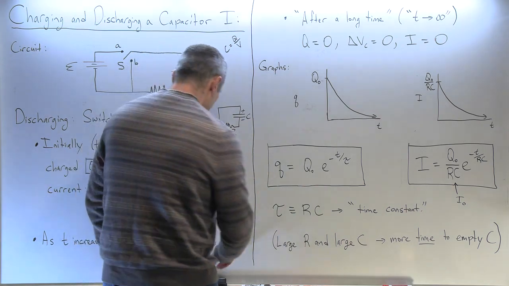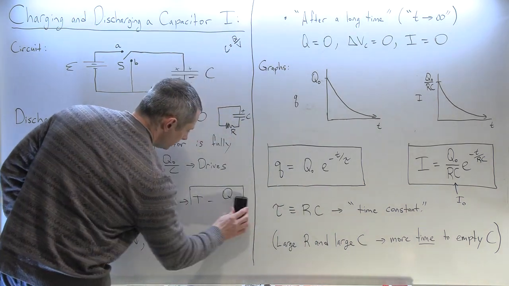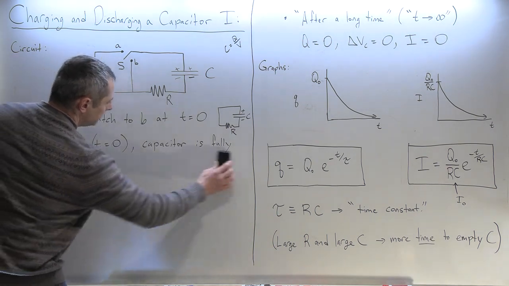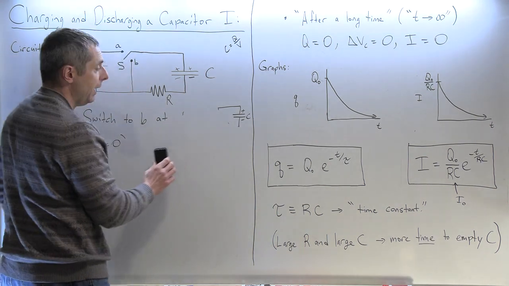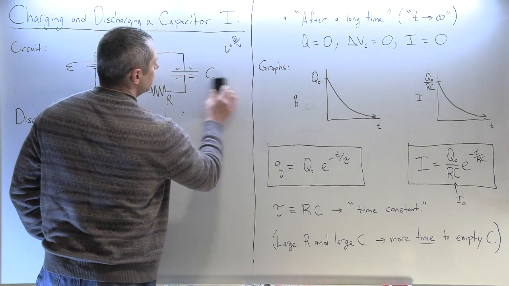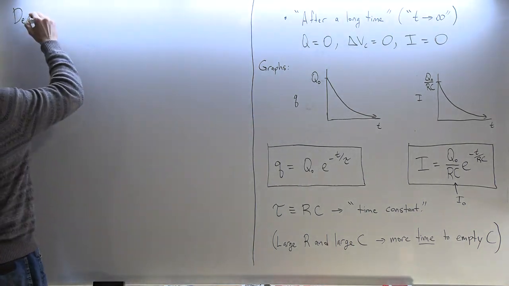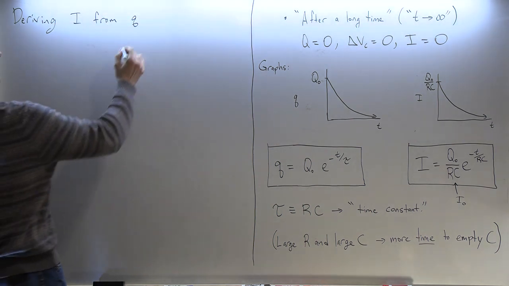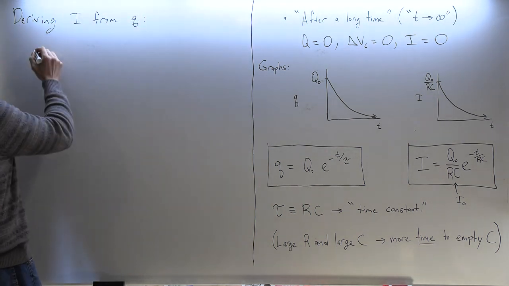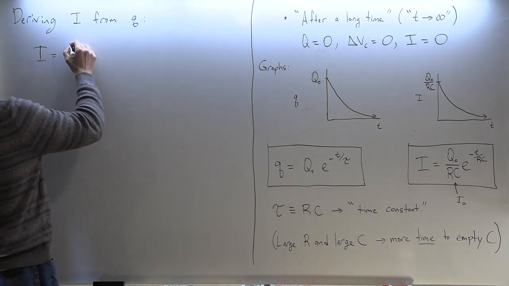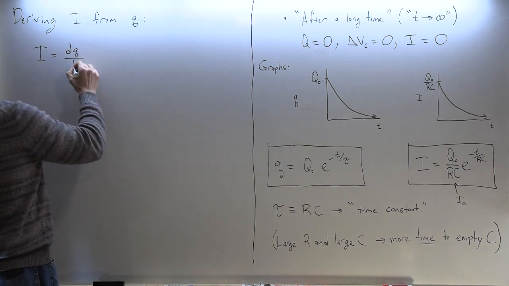Like, for example, if we have the charge expression for the capacitor when it's charging up, we can derive the current because we know the current is defined as the derivative of the charge with respect to time.